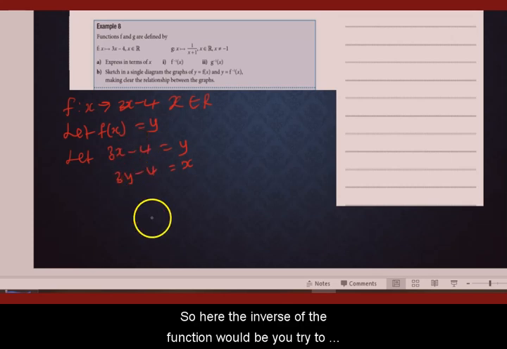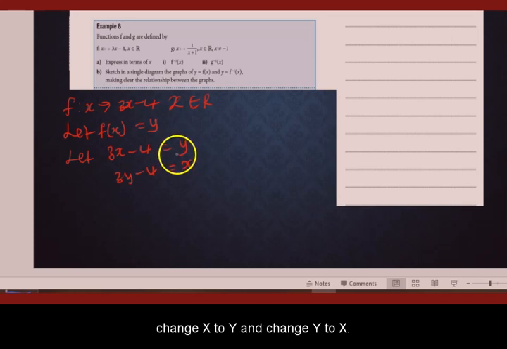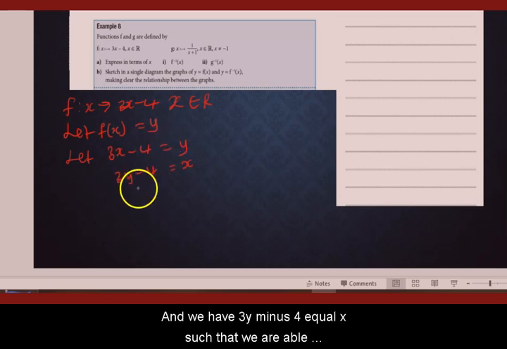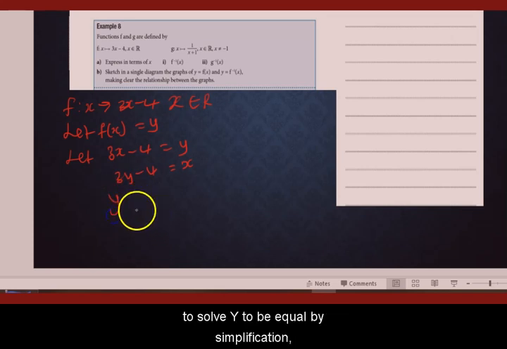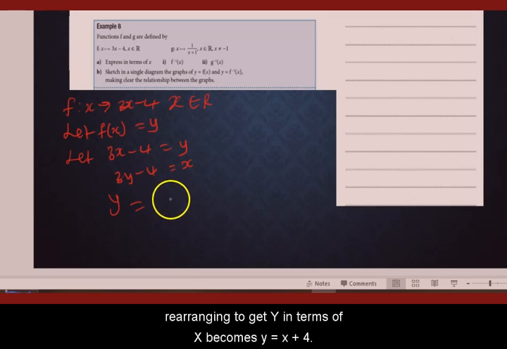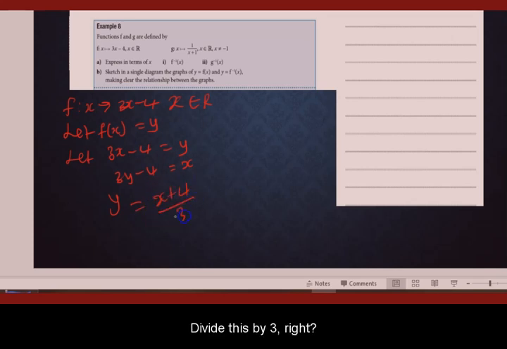So here, for the inverse of the function, we change x to y and y to x. We have 3x minus 4 equals y, and we have 3y minus 4 equals x, such that we are able to solve for y by simplification. Rearranging to get y in terms of x, y equals (x plus 4) divided by 3.